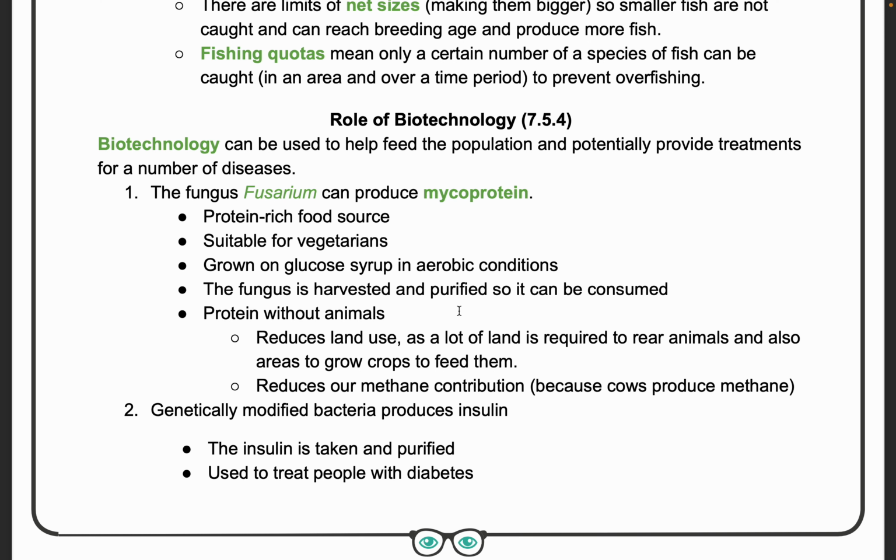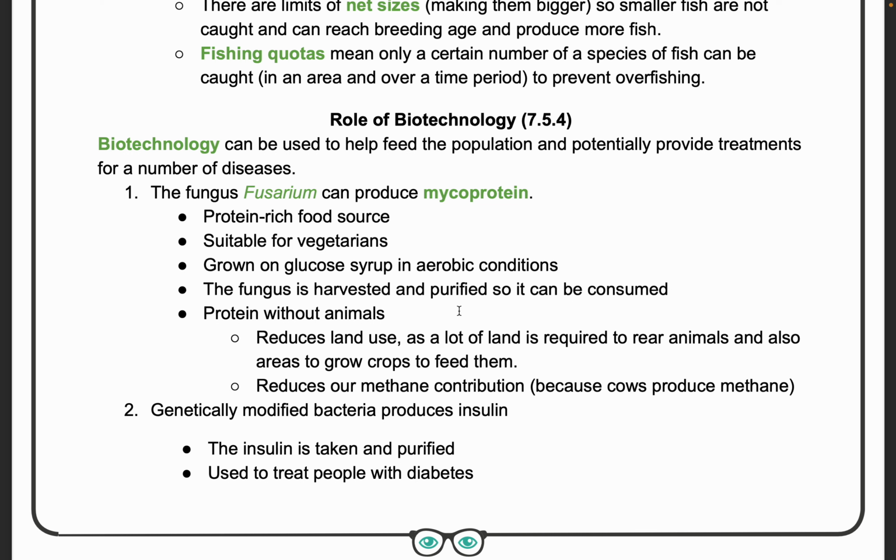So by using the fungus like Fusarium, which produces mycoprotein, which is a protein rich food source suitable for vegetarians, it can be grown on a glucose syrup in aerobic conditions, and fungus is harvested. The only thing is it has to be purified. So fungus is not good for the body. Okay, it has to be purified.